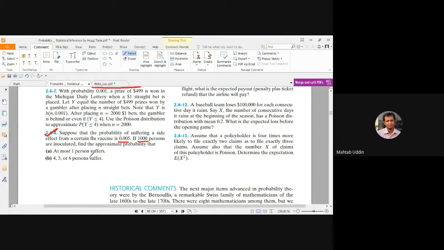Number one, for the binomial distribution, there must be the word assuming independence. But here, independence has not been given. Independence not given. That is the main reason. So for binomial distribution, you must find the word independence, which is absent here.